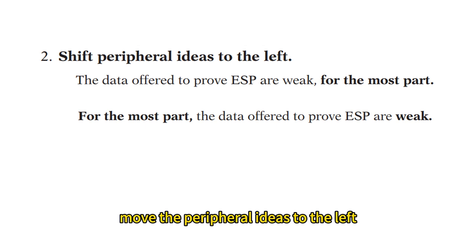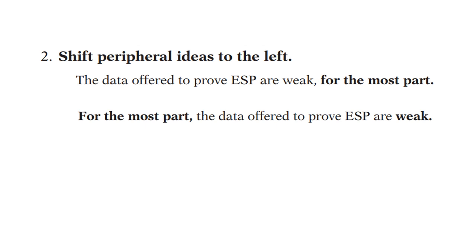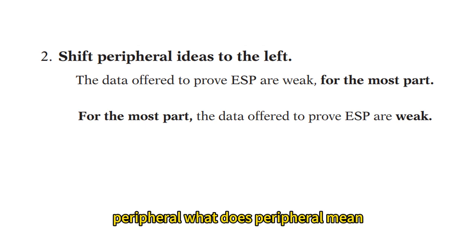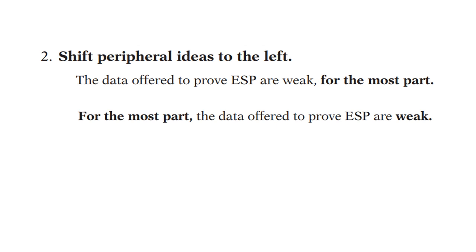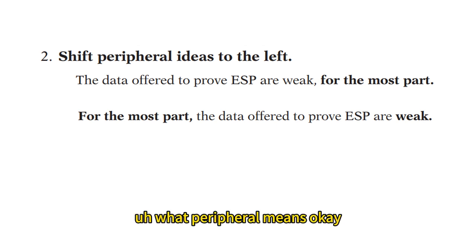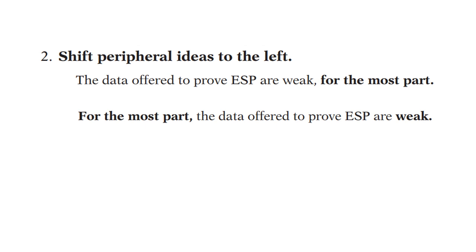Move the peripheral ideas to the left. Peripheral, what does peripheral mean? It means something on the edge, not in the center, hence not in a very important position. That's what peripheral means. Okay?